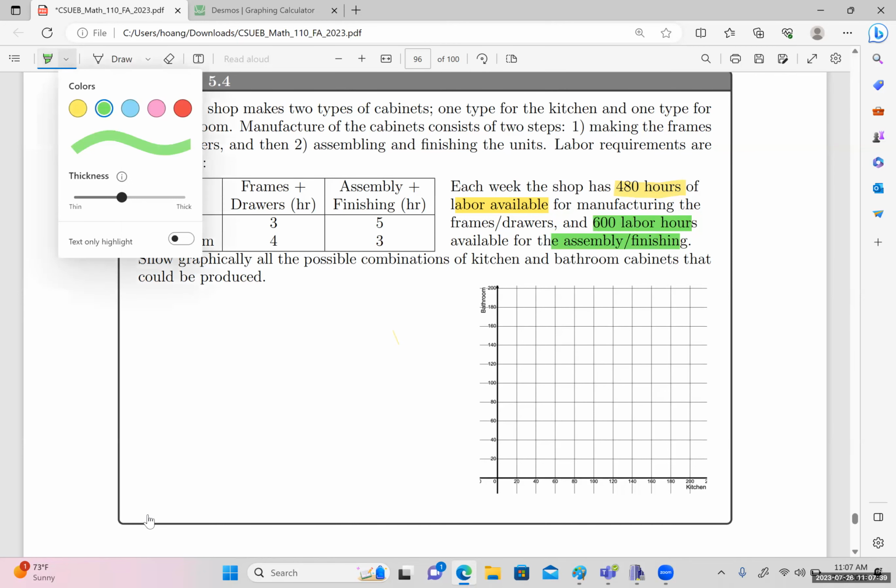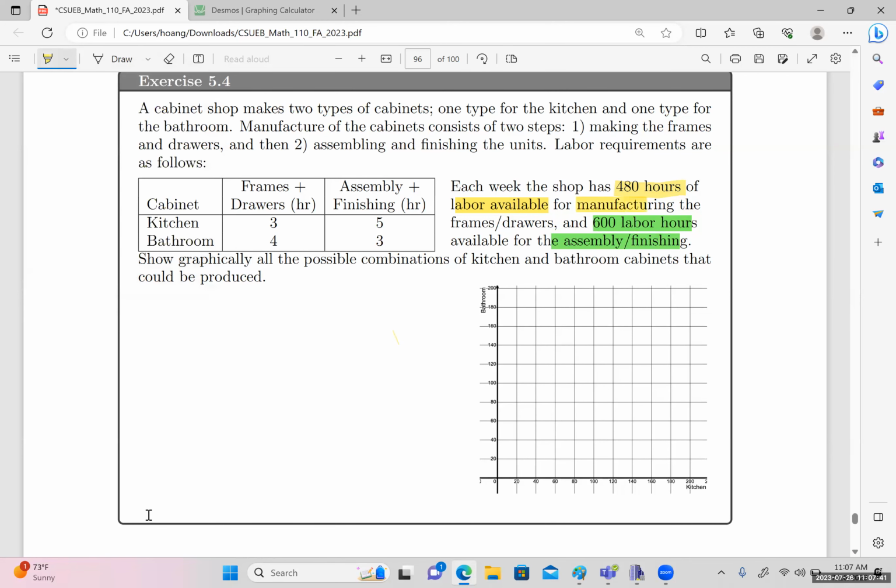Okay, so we're gonna show graphically all the possible combinations of kitchen and bathroom cabinets that could be produced.